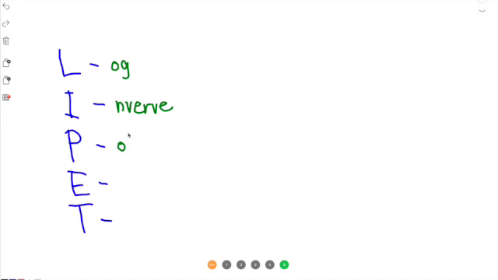P is for polynomial. That's your x. Sometimes they replace it with A, they call it algebraic. I prefer to do it this way so that you can have an acronym that you can memorize. So in this case, it's LIPIT. E is for exponential, that would be e to the x. And T is for trigonometric.